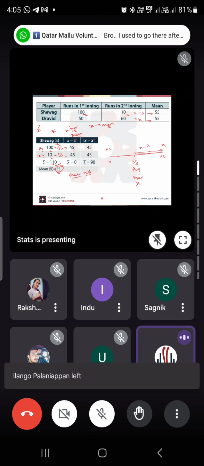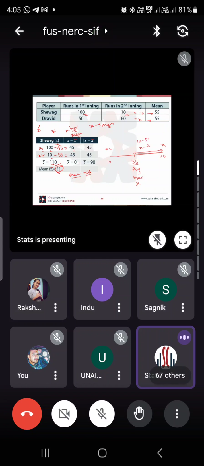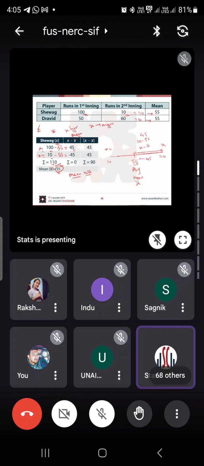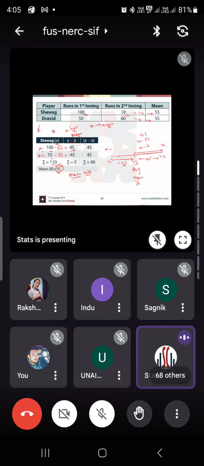So this is x1, this is x2. So x1 minus x bar is 100 minus 55, and it is actually 45. So this distance is 45. And similarly for here, it will come minus 45. So this is my x minus x bar, 45 and minus 45. And when I do the total, 45 minus 45, obviously 0.